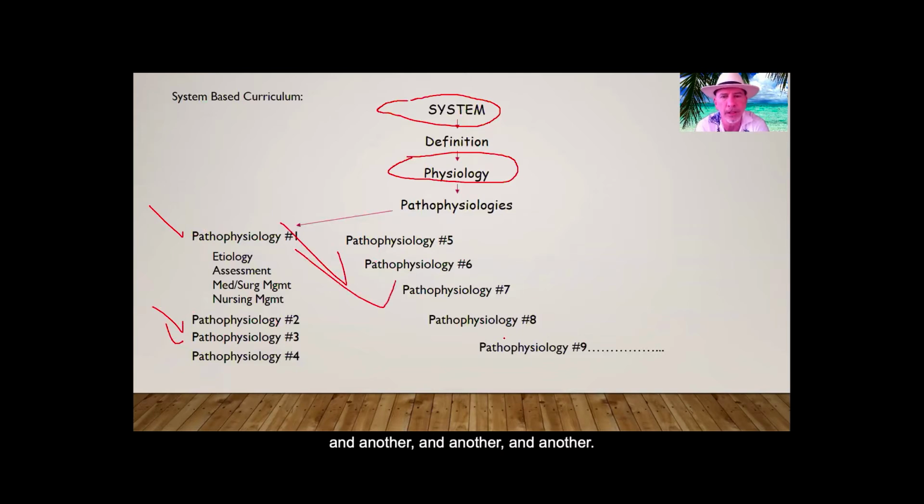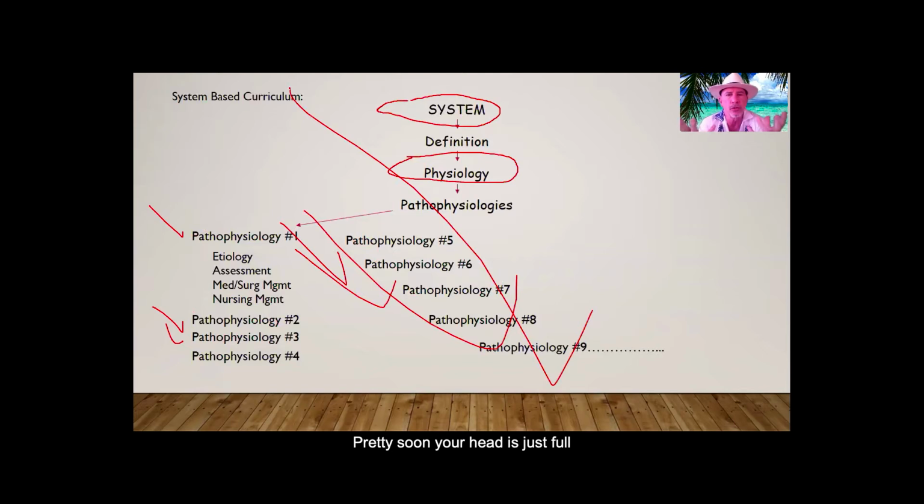Pretty soon your head is just full of all these pathophysiologies. What are the signs and symptoms of each of them? How do you assess all of them? What are the medical surgical methods? Blah, blah, blah. You have this whole brain full of facts and data that you have to memorize for the exam. Now, if you're like me, what you did was you studied those facts for the exam, and then the minute the exam was over, you did a brain dump, because you have to take a whole other set of pathophysiologies from the next system and shove them in your ear for the next exam, right? Am I wrong?